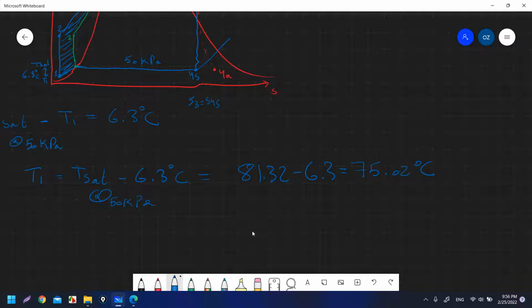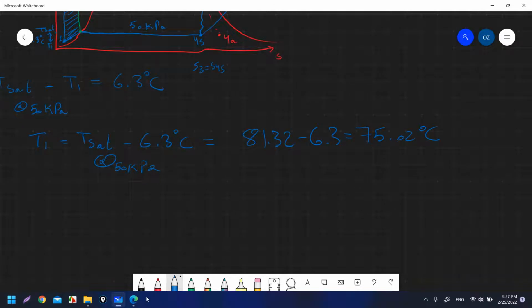So now you have T1, you will use T1 to find HF and VF, which are equal to H1 and V1. Why HF? Because it is a subcooled state.